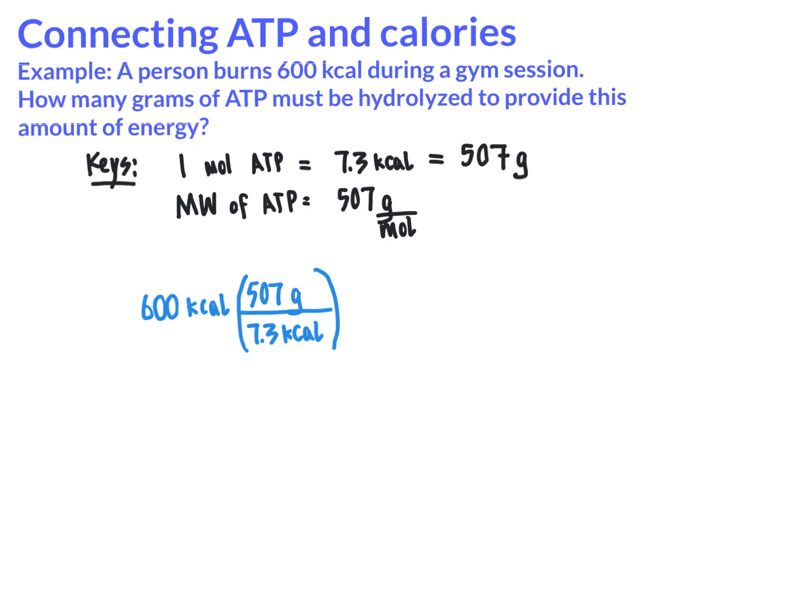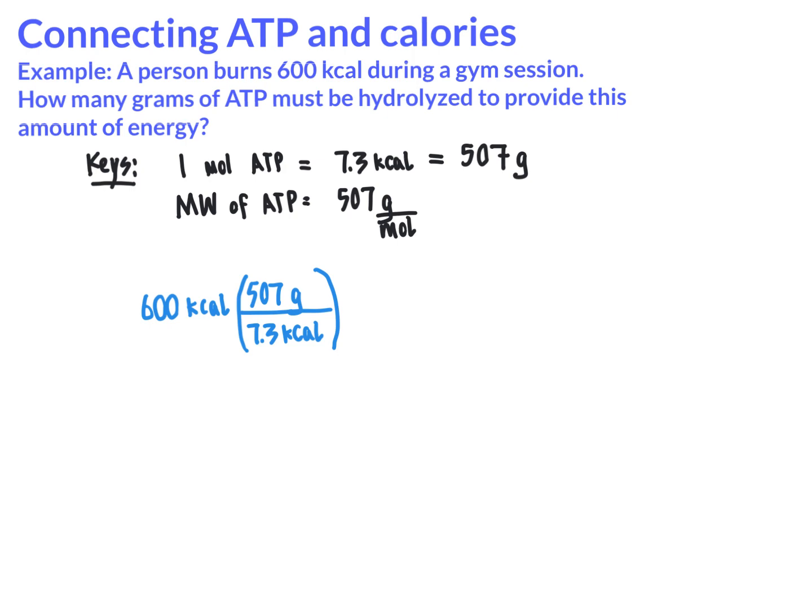We know those two factors are equivalent to one another because we said that 1 mole of ATP released 7.3 kilocalories of energy, and 1 mole of ATP has 507 grams, so that's why we put them as all being equivalent. And so we say 507 grams of ATP over 7.3 kilocalories generated by that. This is essentially saying that we're dividing 1 by 1 because these two factors are equivalent to one another.